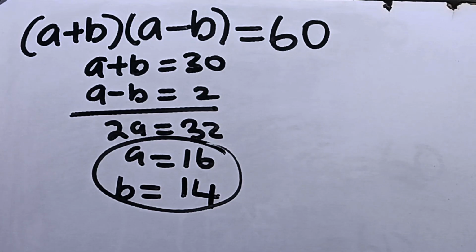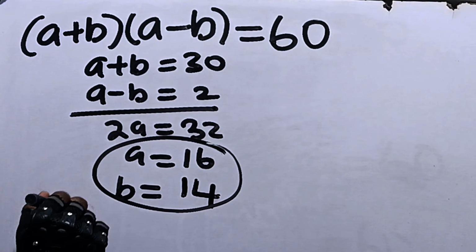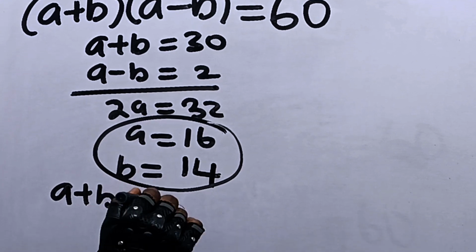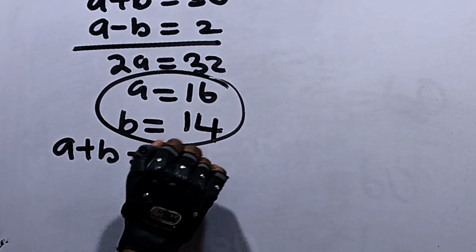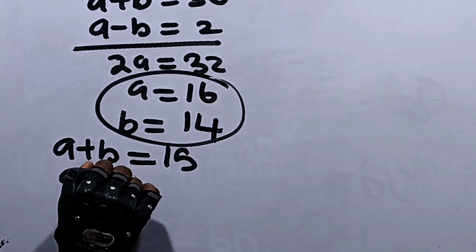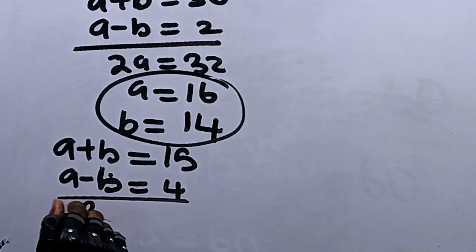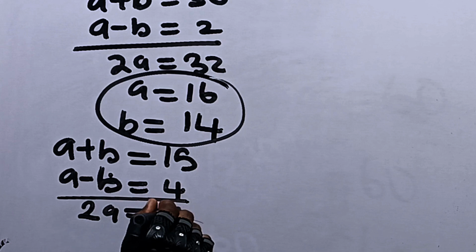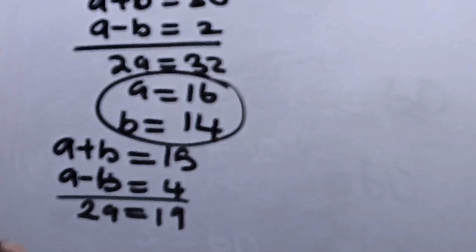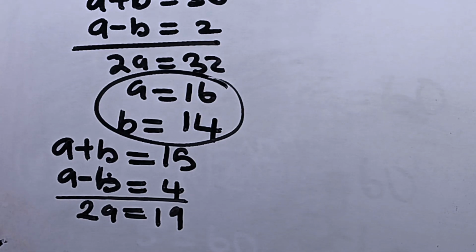For the second condition, a plus b is 15 and a minus b is 4. When we add here, we see that 2a is equal to 19. If 2a is 19, it makes a fraction, and if a is a fraction, this cannot give us the whole number that we're looking for.